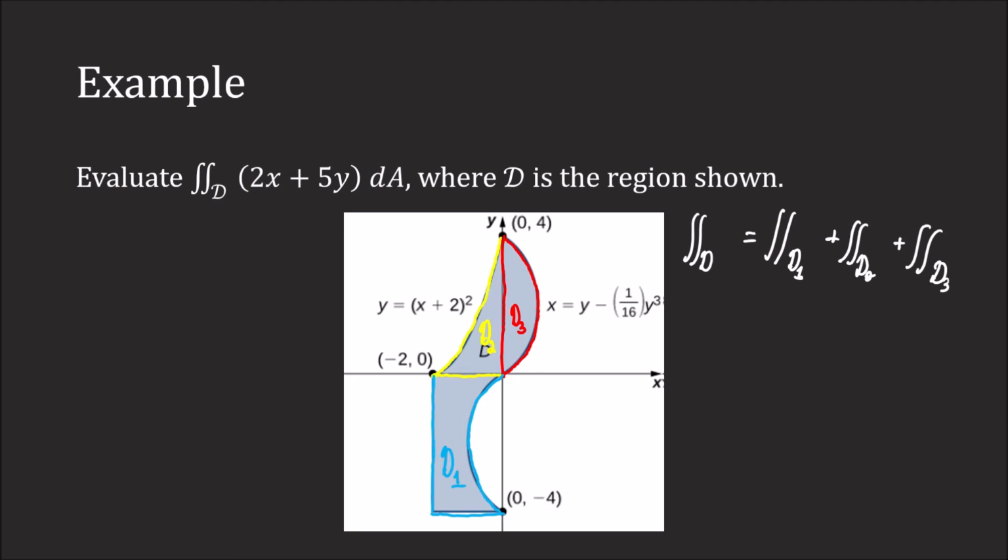The only job now is to express each of these 3 regions as either horizontally simple or vertically simple. So if we look at D1, let's express this as a vertically simple region.